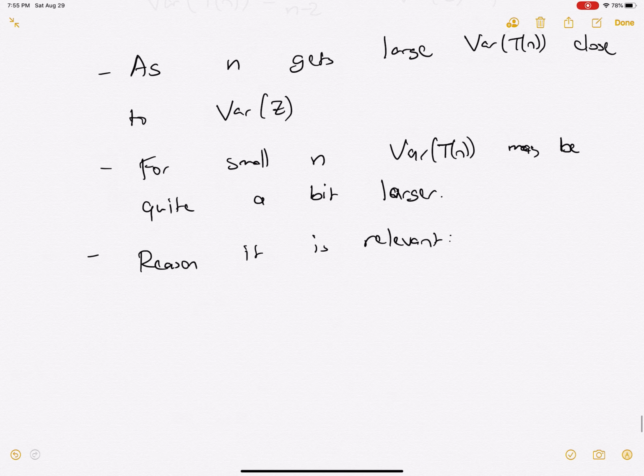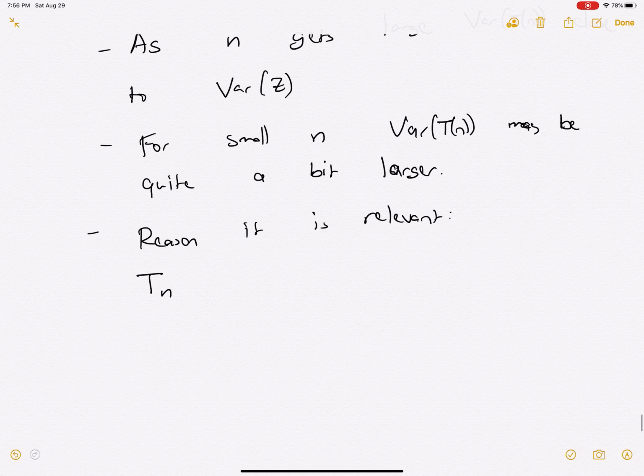And the reason that it is relevant, and we're going to see this very shortly, is that we're going to define this t statistic with subscript n.